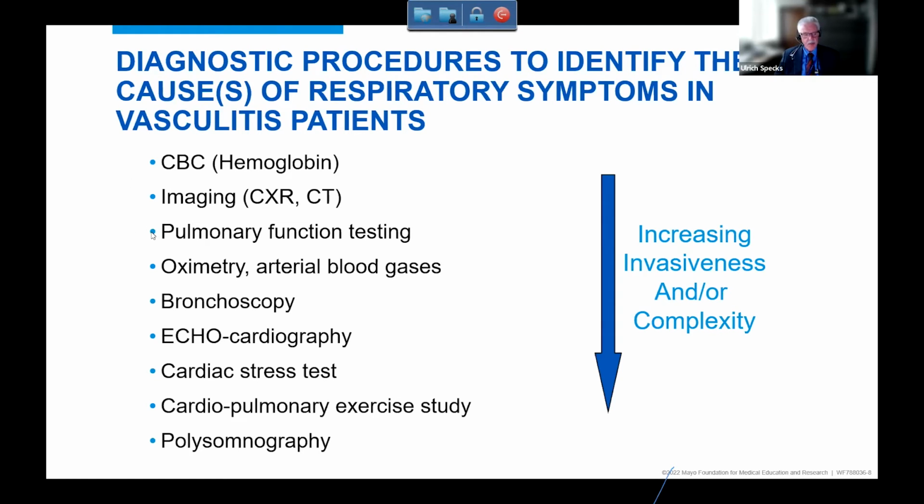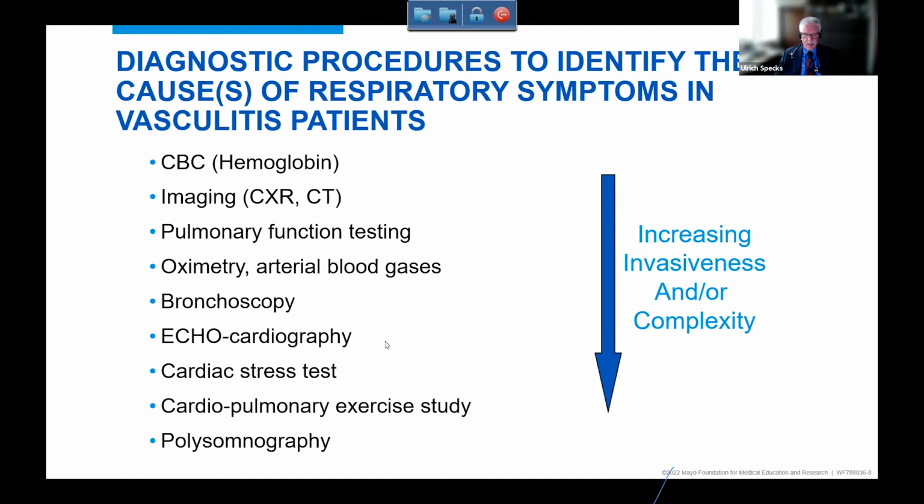So I'll show you some examples. So then we move on to breathing tests generally, which gives us a lot of information. And then we can get fancy in measuring your oxygen saturation in the blood at rest and with exertion, or with arterial blood gases. And then if we have more questions about your airways, we sometimes do a procedure that's called a bronchoscopy, and I show you how that is.